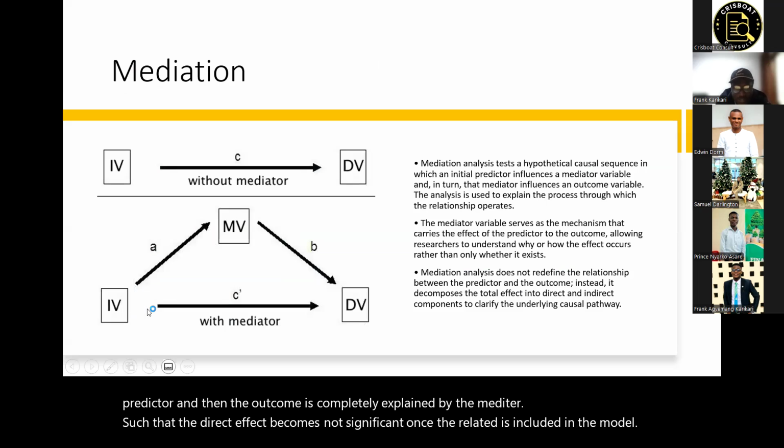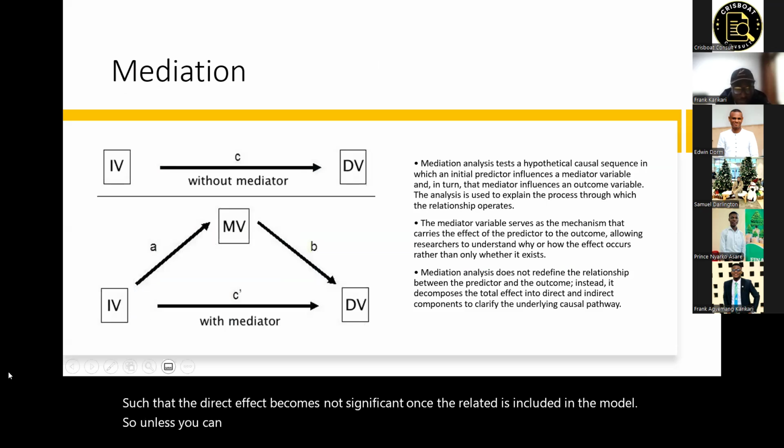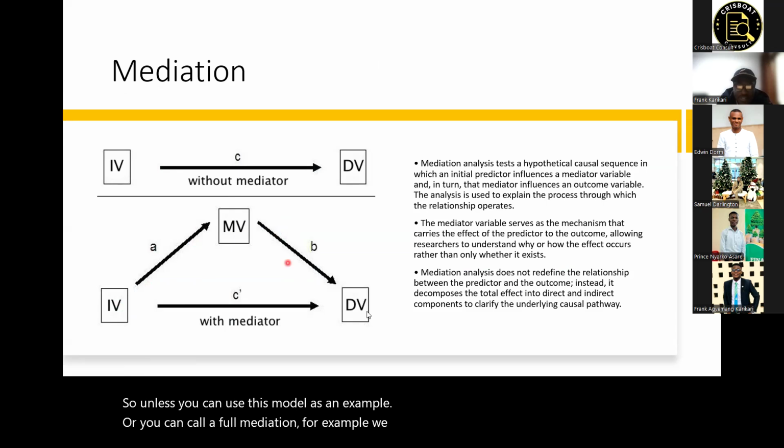So let's use this model as an example. So we can call this a full mediation. For example, we have IV, we have MV, DV, and we all understand that MV is the mediator here.